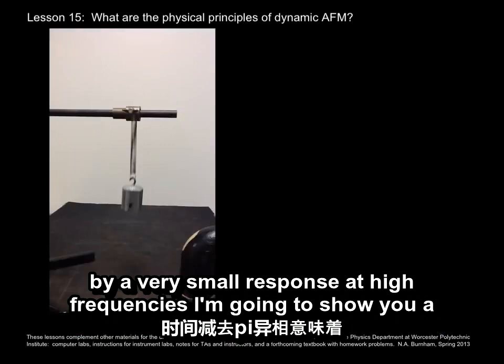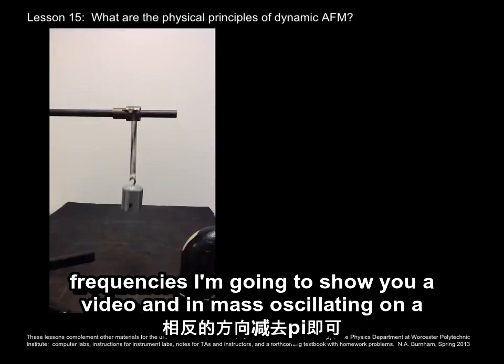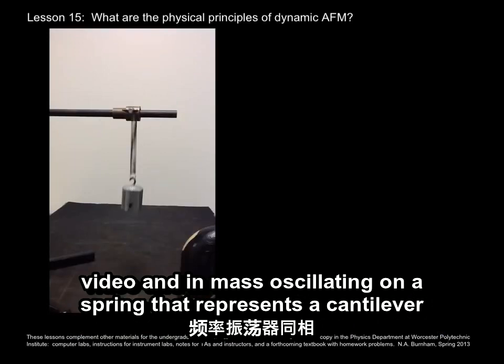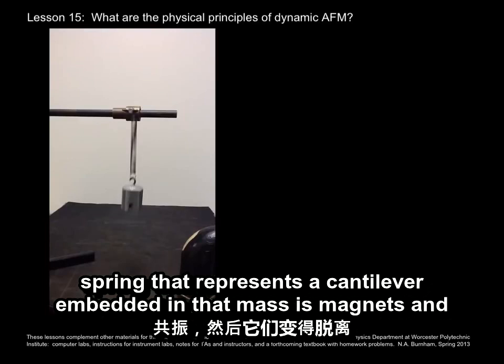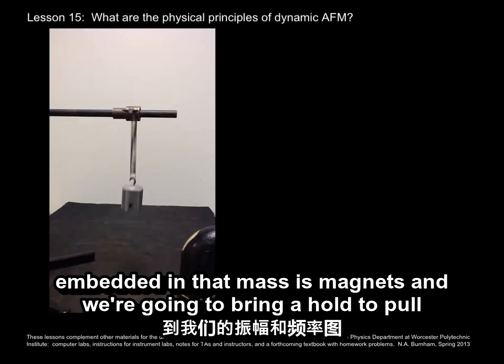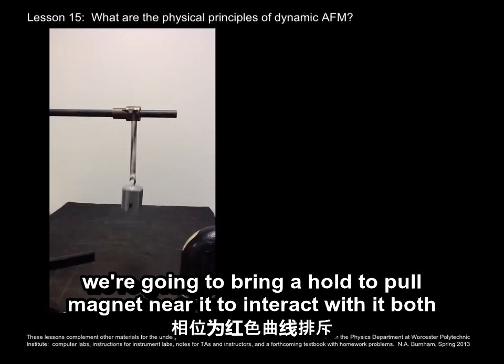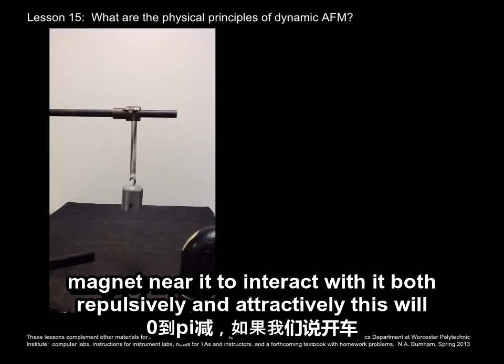I'm going to show you a video of a mass oscillating on a spring. That represents our cantilever. Embedded in that mass is a magnet, and we're going to bring a two-pole magnet near it to interact with it both repulsively and attractively.